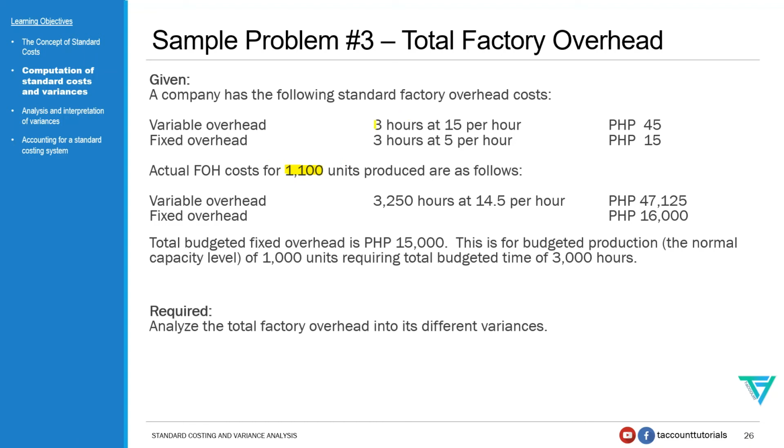Okay, so that means that we get the 3 hours here, which would provide us the standard hours allowed for actual production. Okay, so 3 hours multiplied by 1,100 units gives us 3,300 hours.